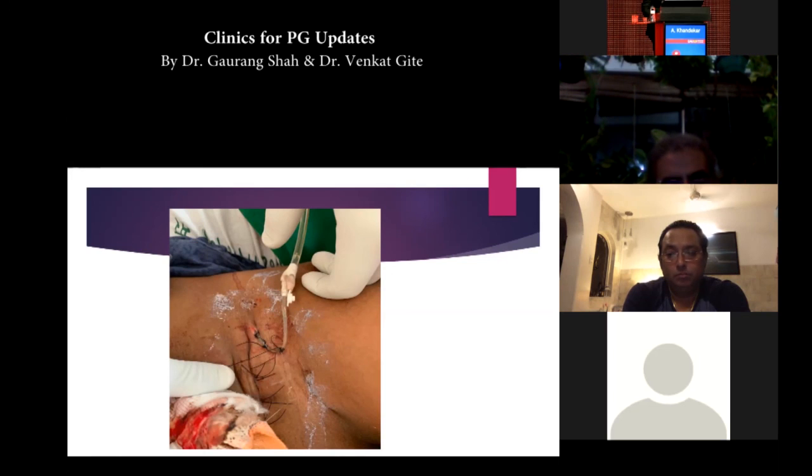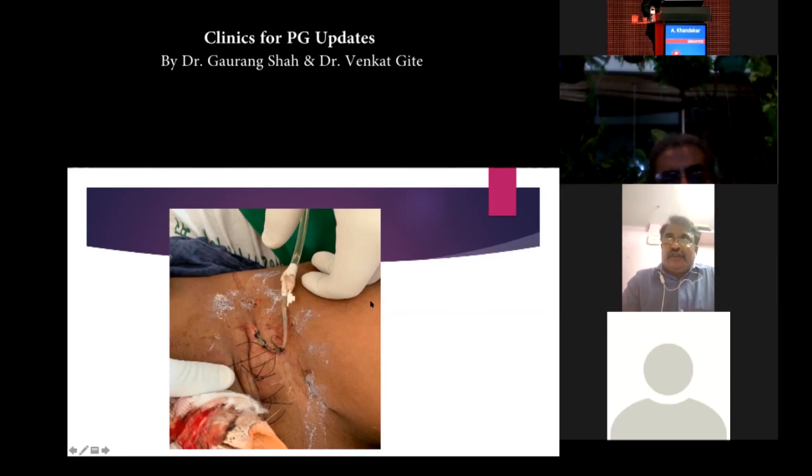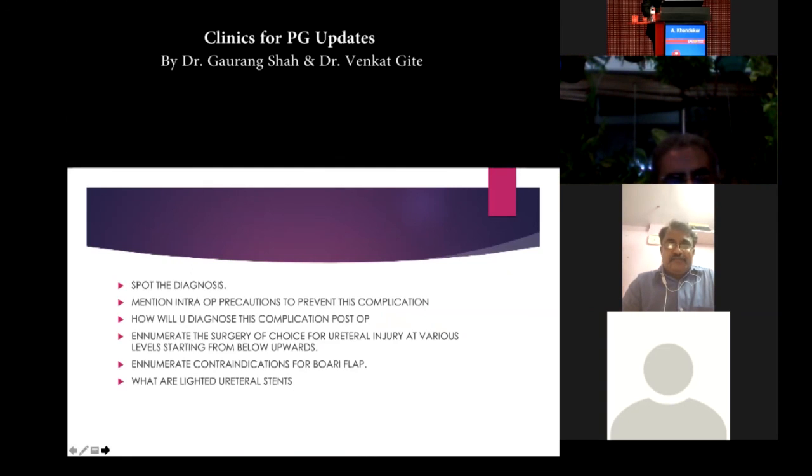This is the feeding tube which is coming. What are the possibilities which require urinary diversion while doing the LSCS? Intraoperatively, there might be a ureteric injury, a large segment injury, which will require urinary diversion.